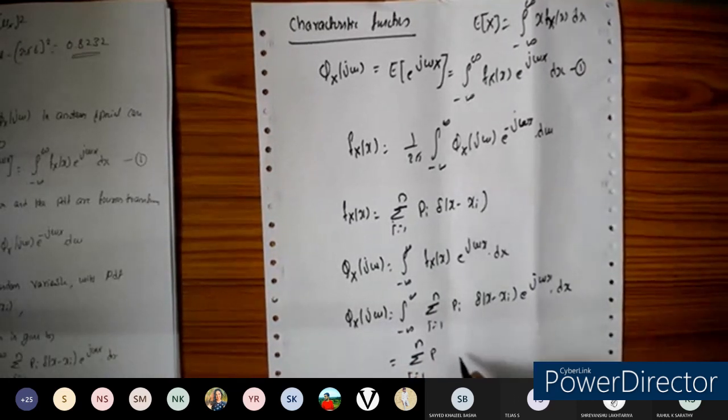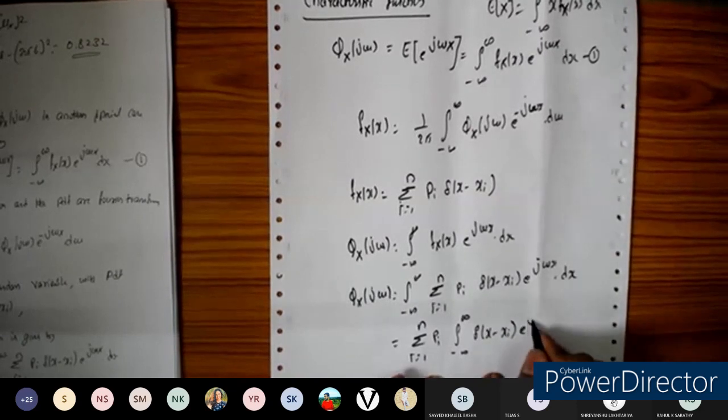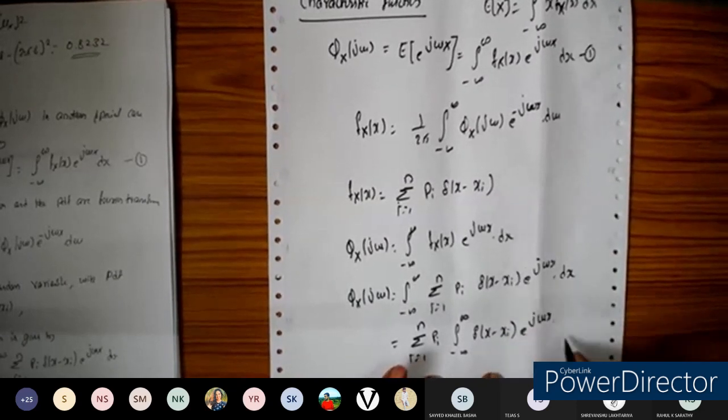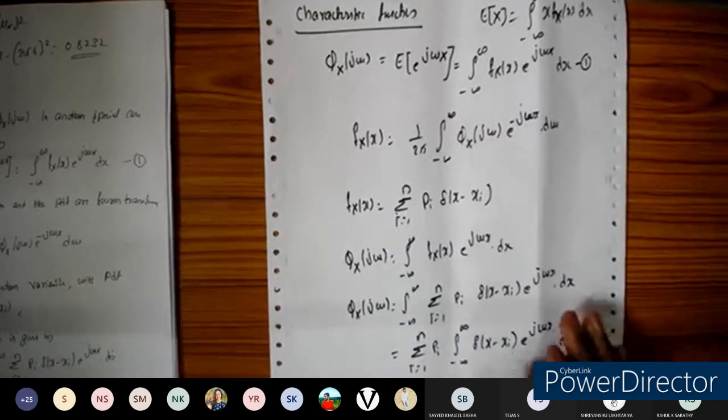The remaining quantity is the integral from minus infinity to plus infinity of delta of (x minus x_i) into e to the power of j omega x into dx.